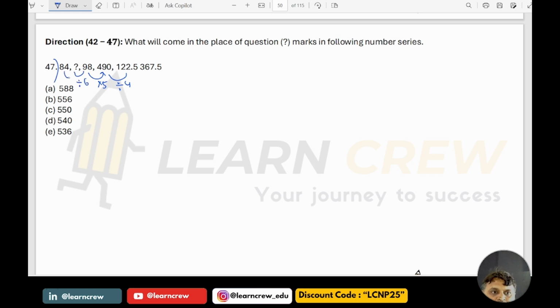It has to be into 7 by 6, 7, 6, 5, 4. Am I correct? It has to be now into 3. So 84 into 7. What is the value? 588. 588. Option A.